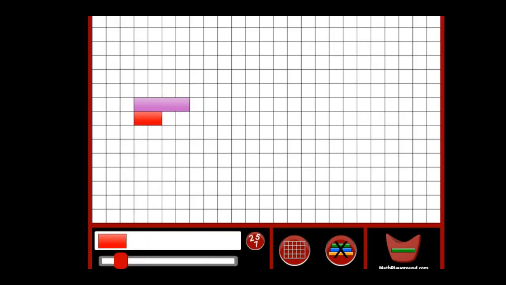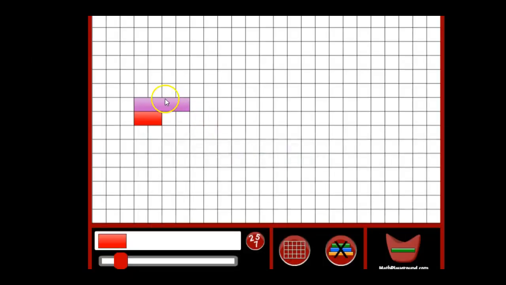But my question says not 1 whole divided by 1/2, it says 4 divided by 1/2. So I need 4 whole units here. So that's 1, there's 2, 3, 4. And I want to know what is 4 divided by 1/2. We said red is representing 1/2.